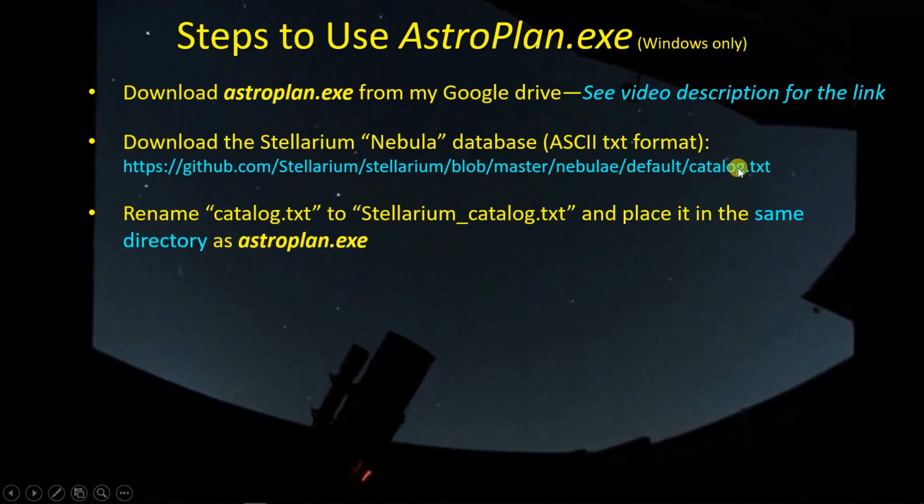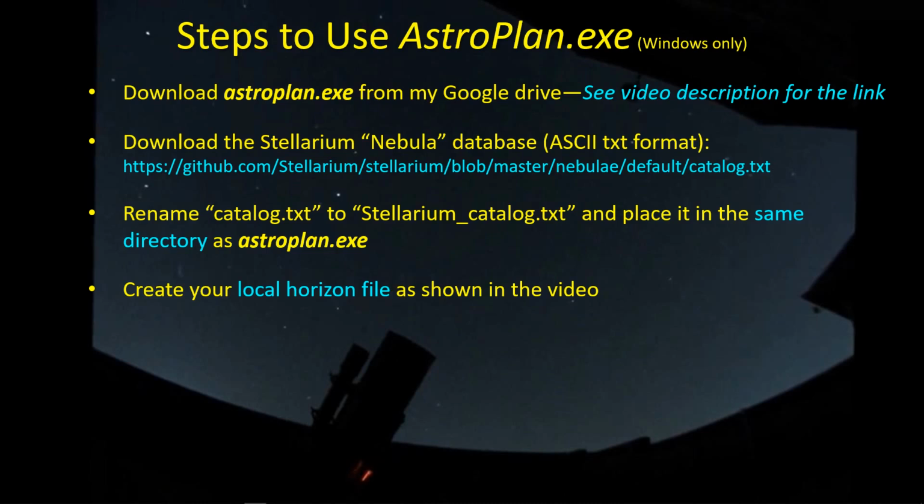Now, when you get that catalog.txt, go ahead and rename it to Stellarium_catalog.txt, because that's what it's called in the program, and put that in the same directory as the Astroplan.exe file that you download. Then, if you haven't already, create a local horizon file that reflects the azimuth altitude limitations based on where your telescope is located and the blockages that you have going around in a 360-degree circle.